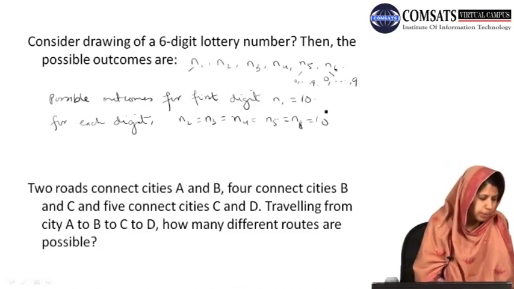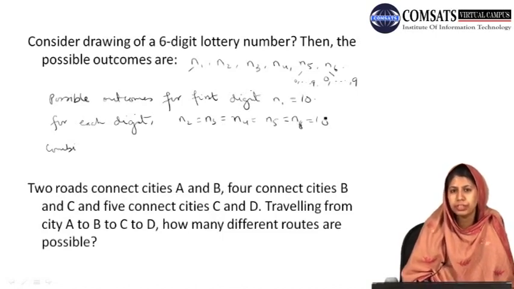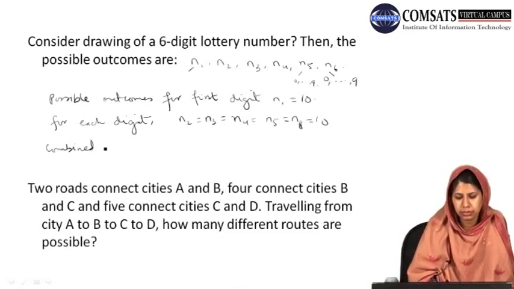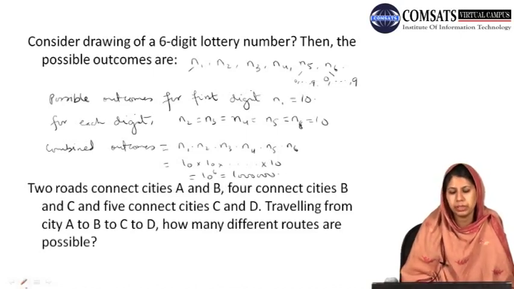Okay, and the combined outcomes will be the product of the possible outcomes of each digit. The combined outcomes will be the product of the outcomes for the first digit into the possible outcomes of the second digit into the third digit, and so on up to the 6th digit, which is 10 into 10, up 6 times, which is 10 to the power 6, which is 1 million.